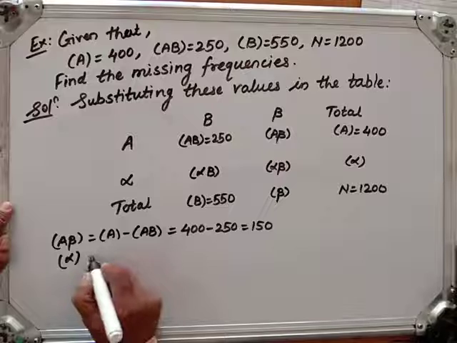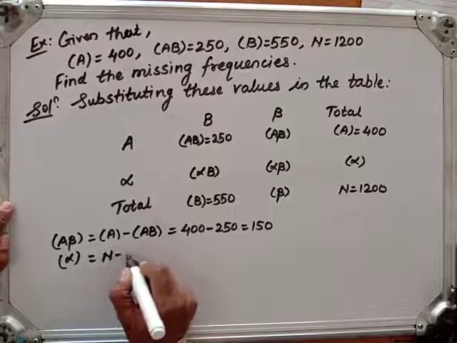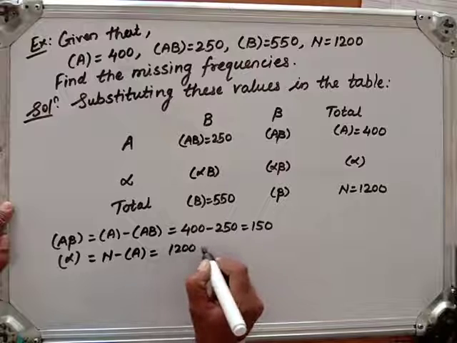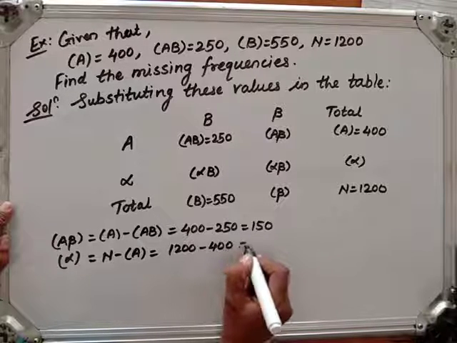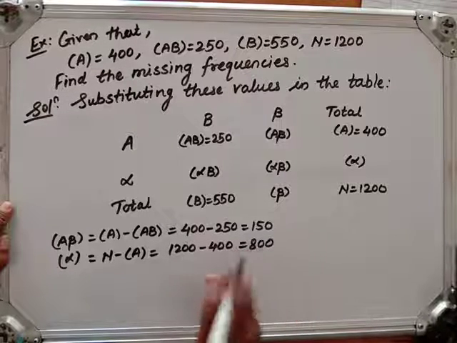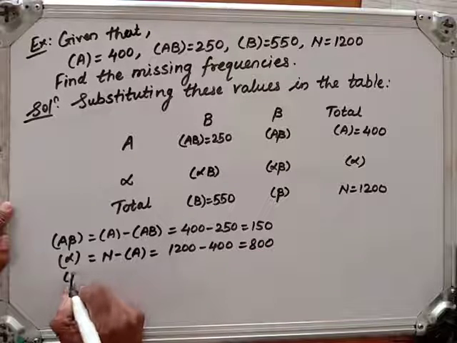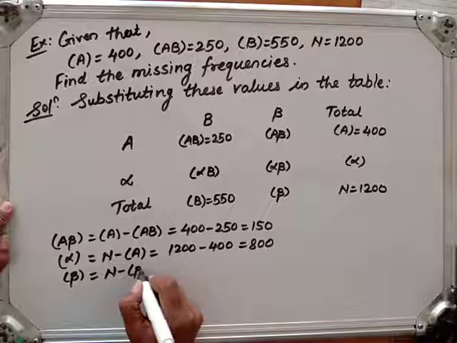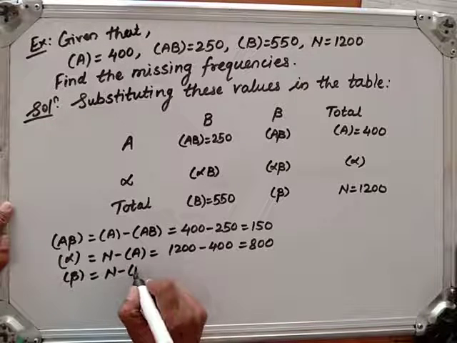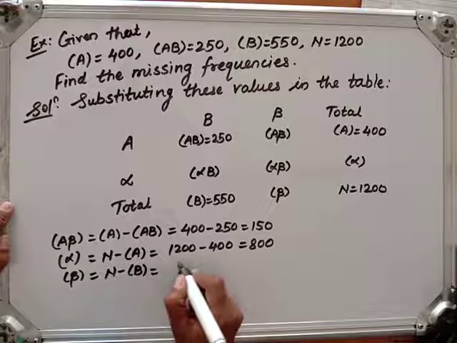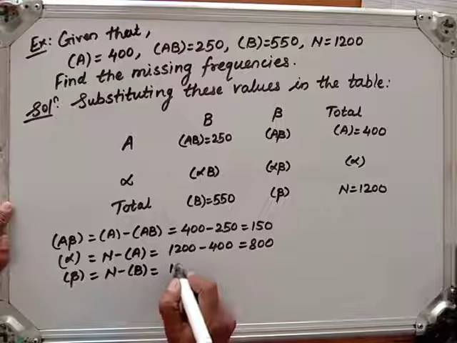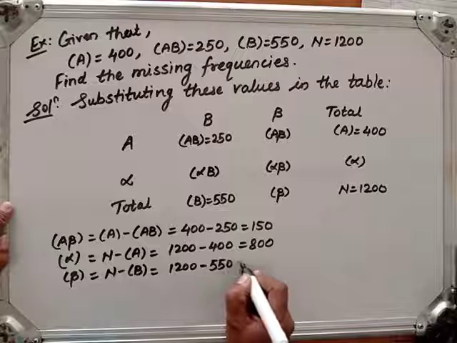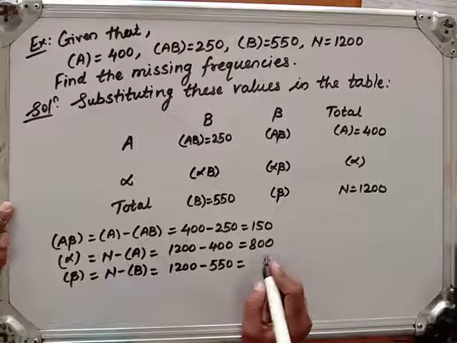Alpha is nothing but N minus A, and that will be 1200 minus 400, so it will be 800. Now beta. What is beta? Beta is nothing but again N minus B, complement of it. So N will be 1200 and B is 550. So it will be how much?